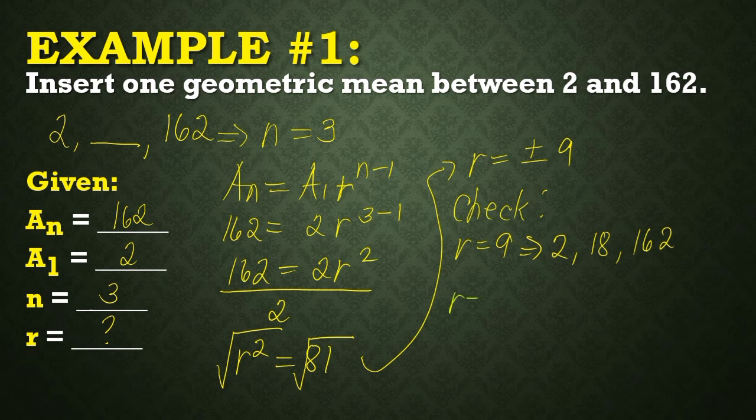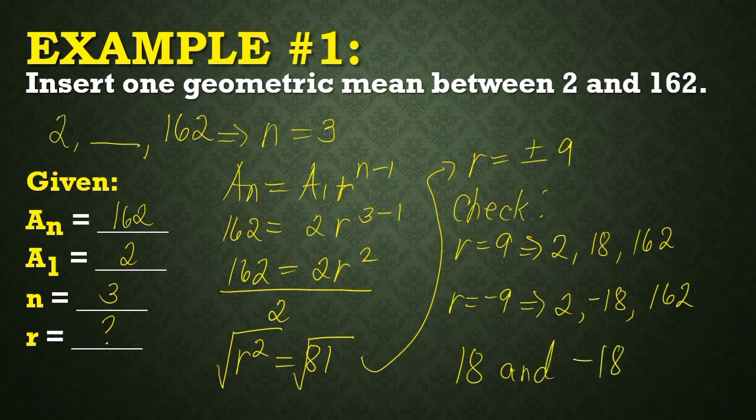If r is equal to negative 9, then 2 times negative 9 is negative 18, times negative 9 becomes 162. As you can see, we have two geometric means. It's either 18 or negative 18, because we used the common ratio of positive 9 and negative 9.